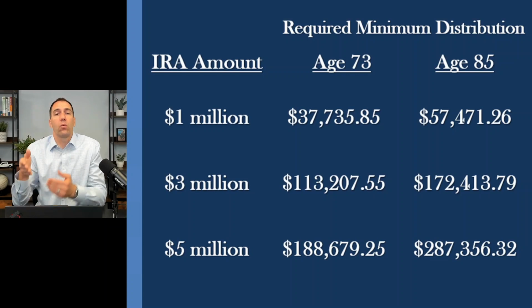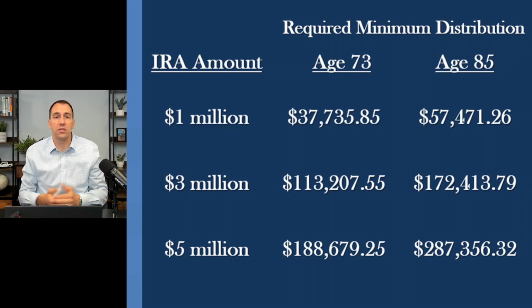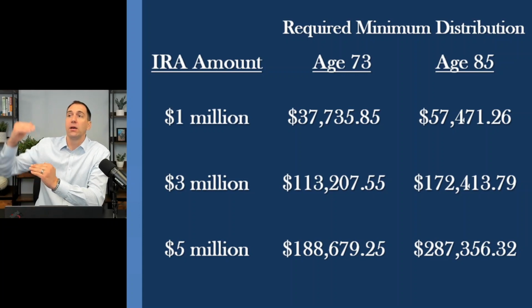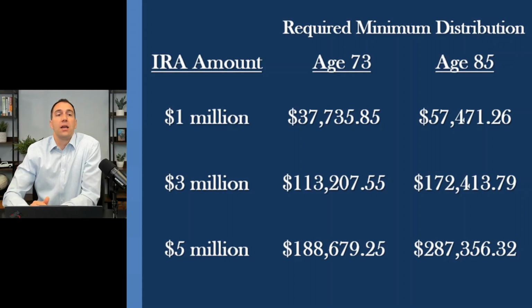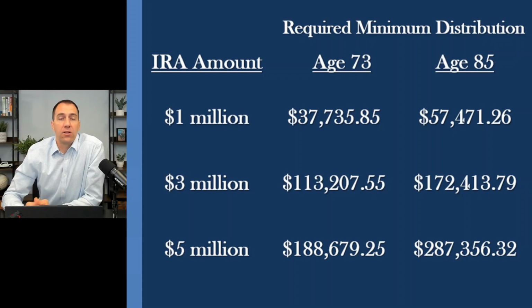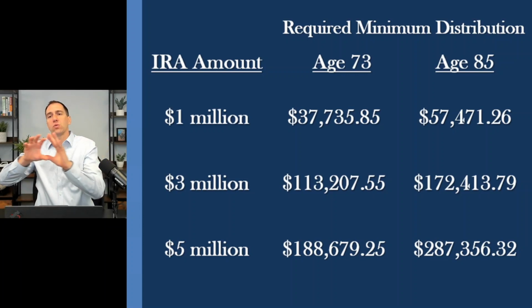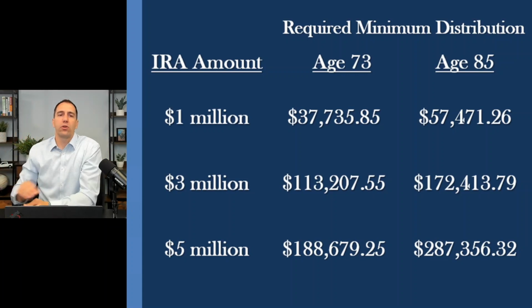Let's say they had $1 million in their account. As you can see, that's just over $37,000 of income that they're going to have to take out, adds into their taxable income, driving their tax rates up. If that account balance was $3 million, that's $113,000. $5 million, $188,000.